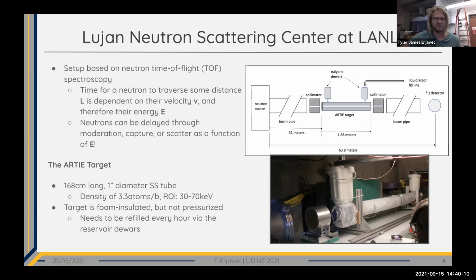Now, a particularly interesting thing about the RD target is that it's only foam insulated, not vacuum insulated, and it's also not pressurized. So this means that the liquid argon is going to boil off, which not only means that we have to refill it every hour or so, but also that there's going to be some gaseous argon in the liquid mixture. So that'll come into play a little bit later.